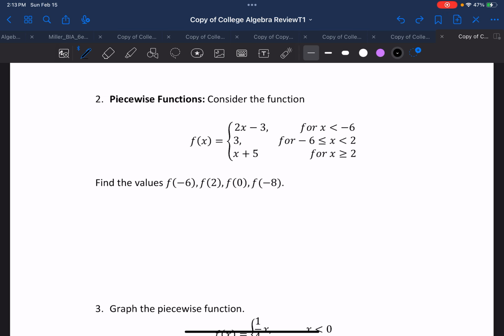Okay, the next problem we're going to do has to do with piecewise functions. So a piecewise function is a function that's broken up into separate pieces based on the domain of each piece. So for example, this function f of x is only equal to 2x minus 3 when x is less than negative 6.